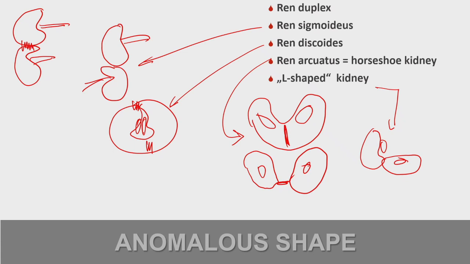Why is the variability so frequent? Because the kidney is developing from multiple somites, and the fusion of the segmental parts of the metanephros could lead to these sometimes very strange, bizarre variants.